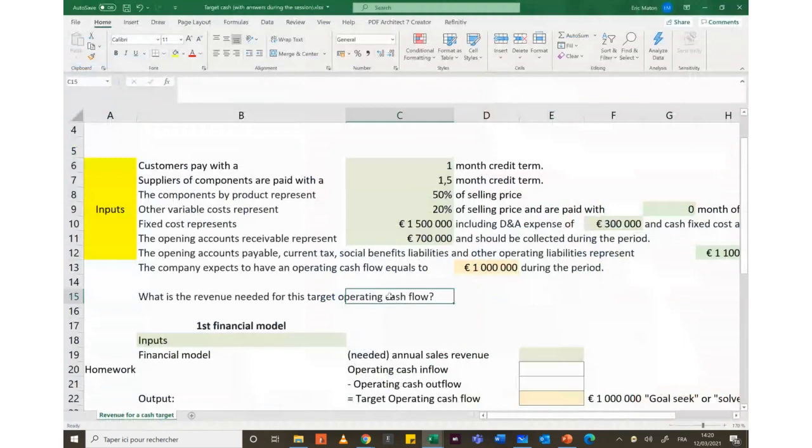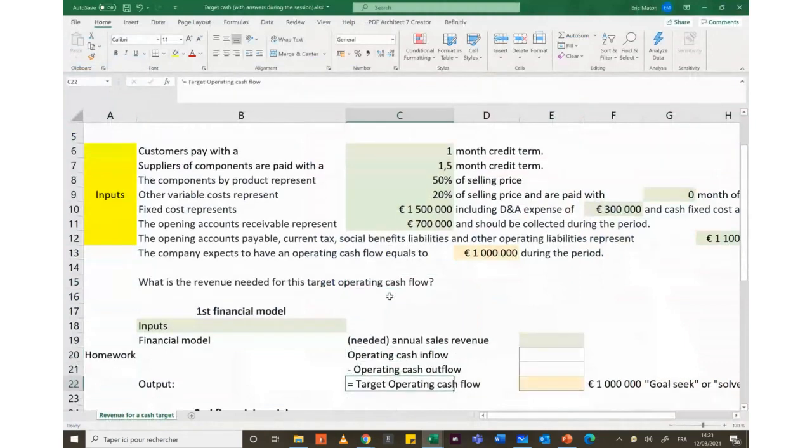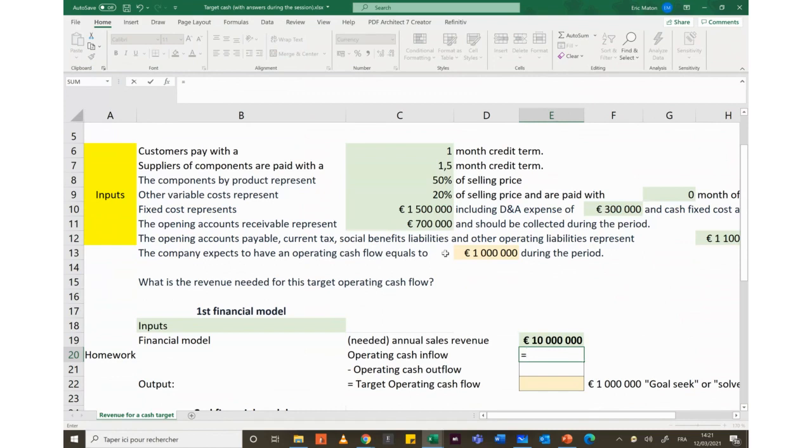So we can put what we want here for the moment. So for instance, 2 million or 10 million. So now we will create the links for the calculation of the operating cash inflow and the operating cash outflow. So one part is linked to the revenue. It's what we will collect.